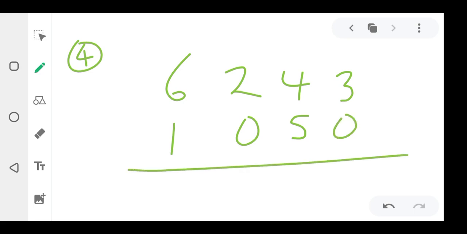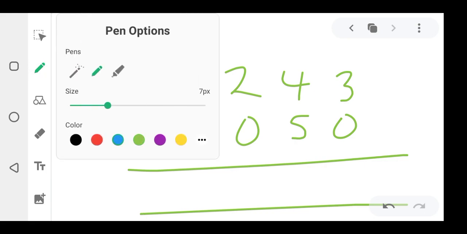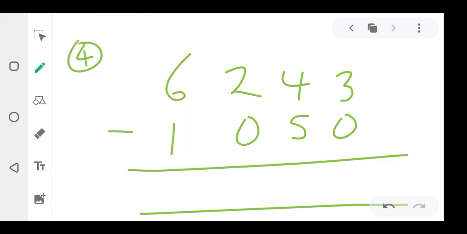How do you solve such a question? How do you do it? So you start. The number on top minus the number down. This 3 minus 0. So 3 minus 0 is 3.